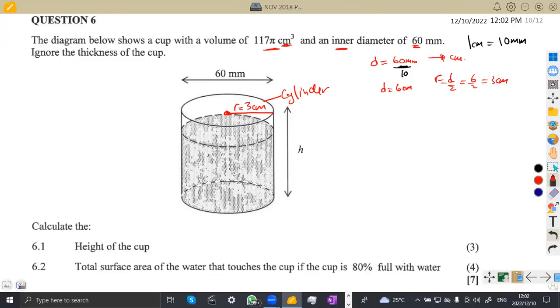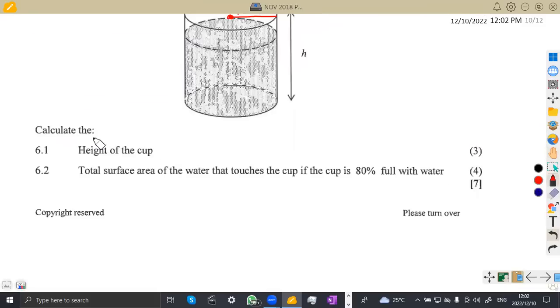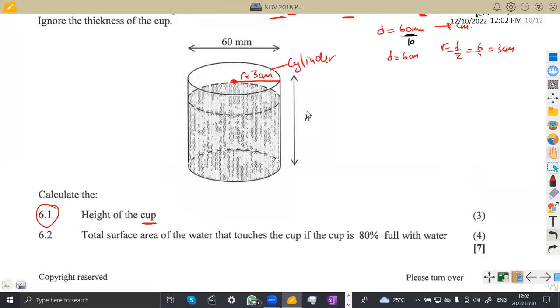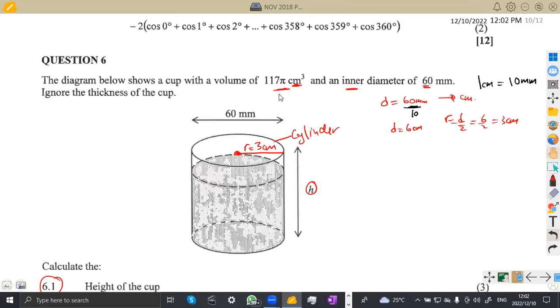Let's see what we have and what we are asked. On question 6.1, we are asked to calculate the height of the cup. Take note, the height of the cup is not given here. That is our h, the height of the cup. But we are given the volume, which is 117 pi cubic centimeters.